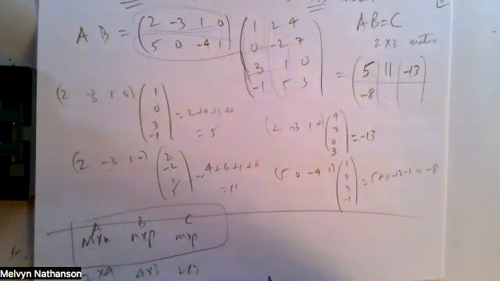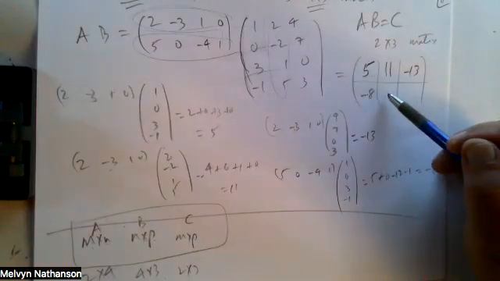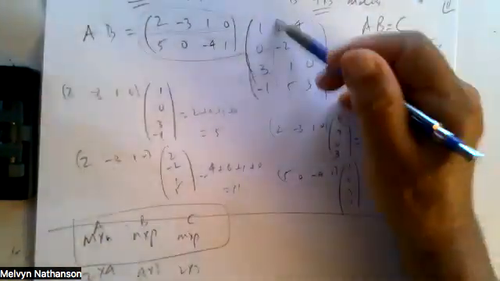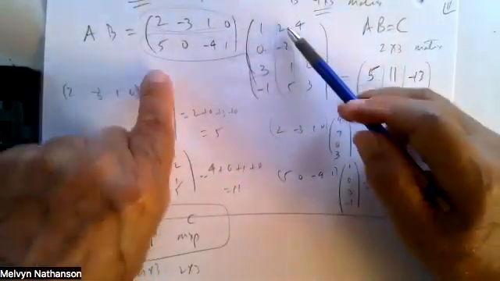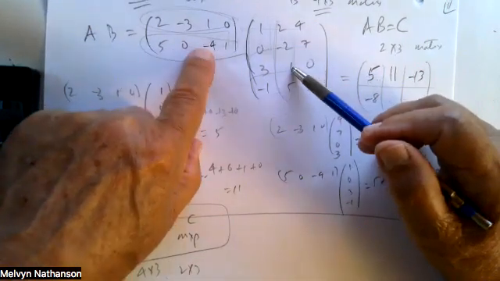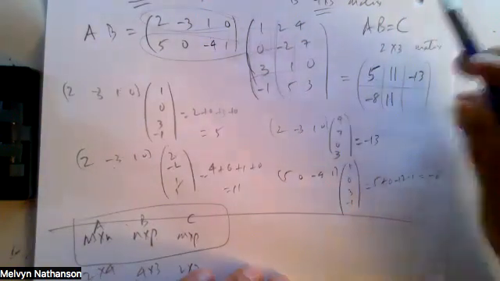And I just continue. To get the entry in the second row, second column, I take the second row into the second column. I get 10 plus 0 minus 4 is 6 plus 5 is 11.